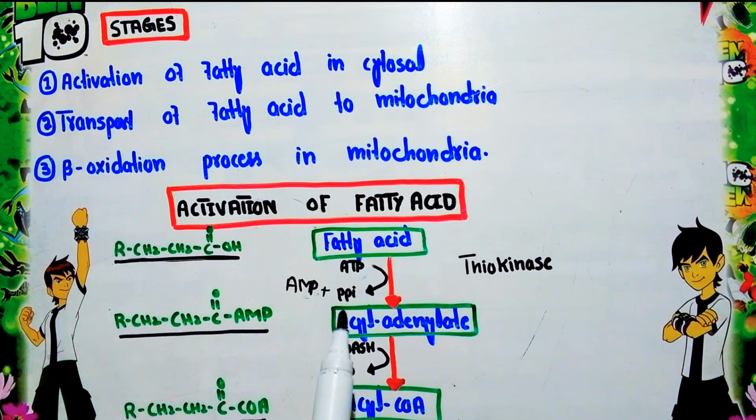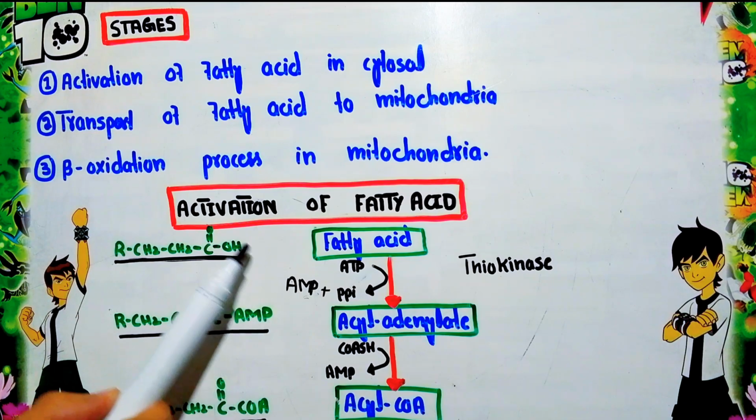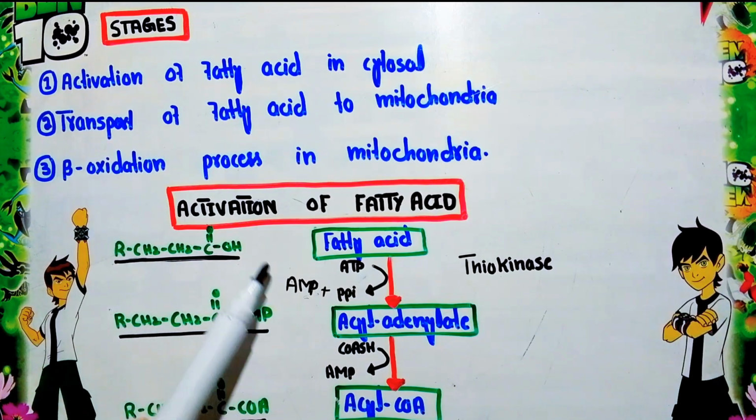Now what happens to this acyl adenylate? The AMP is removed from the acyl adenylate, and after the removal of AMP, the coenzyme A group is attached here.